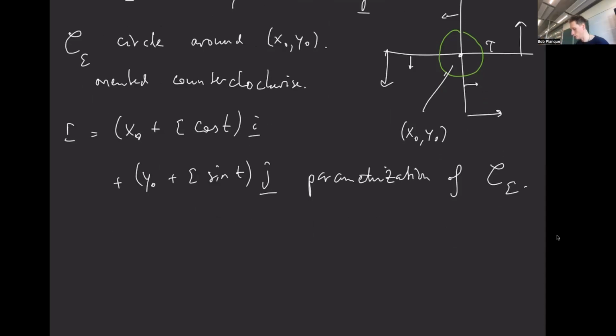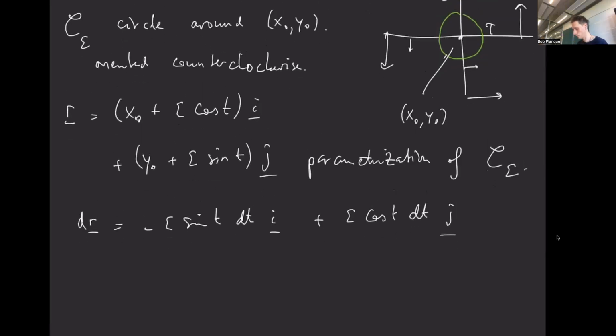And for that, I need dr, which was a lot simpler than the dS element in surface integrals last week. It was simply the derivatives of these component functions times dt. So this is minus epsilon sine t dt times i plus epsilon cosine t dt times j. The dependence on x naught and y naught, of course, disappears because these do not depend on t.